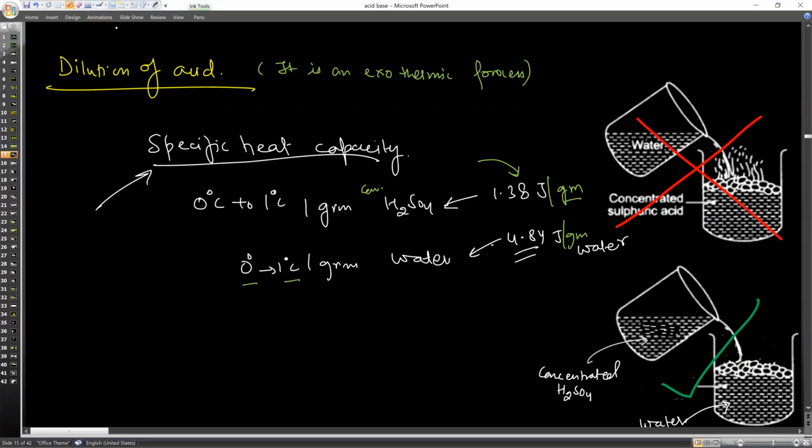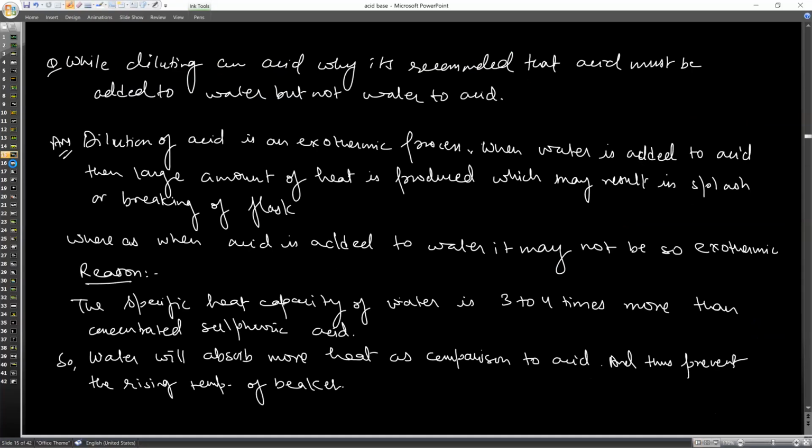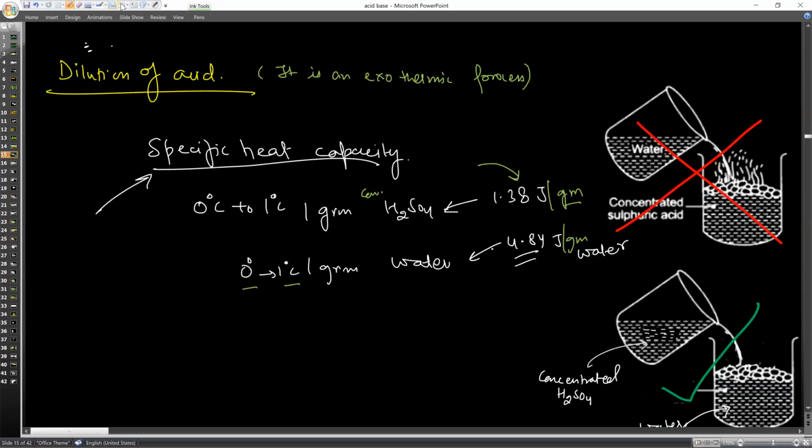What is that? That is called specific heat capacity. Specific heat capacity is the amount of heat required to raise the temperature of any substance by 1 degree.